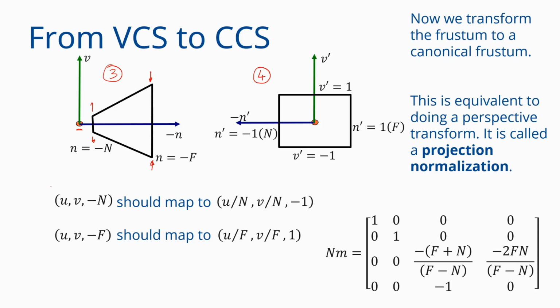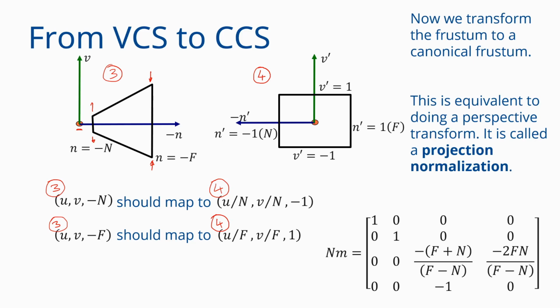But finally, a point (u, v, -n), a point on the near plane in view frustum number 3, should go to the point (u/n, v/n, -1) in view frustum 4. And a point (u, v, -f) on the far plane of frustum 3 should go to (u/f, v/f, 1) in frustum 4.